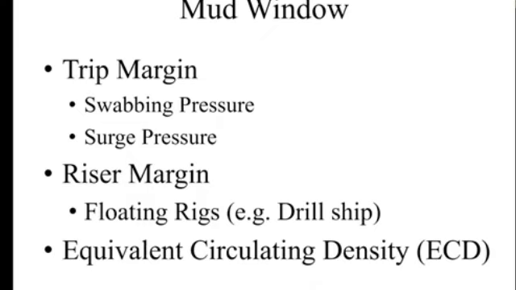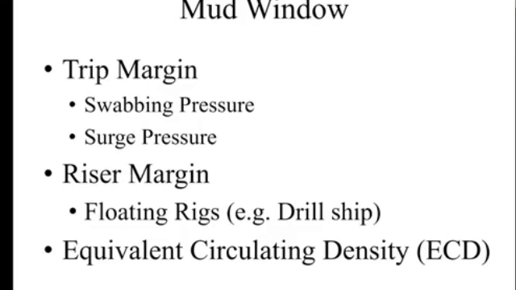So they came up with this concept, equivalent circulating density, saying that during the drilling operation, it's like the well is filled with a heavier mud. I mean, it's not the right term, but this is the concept, the perception of the concept.